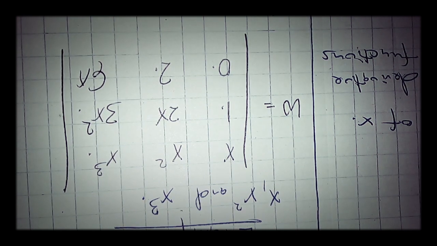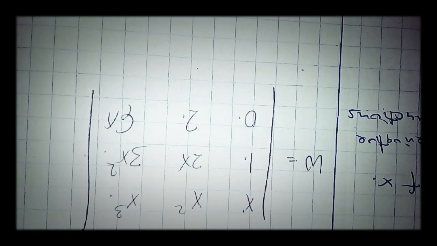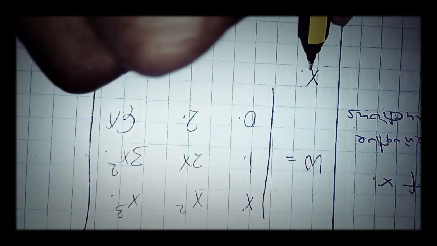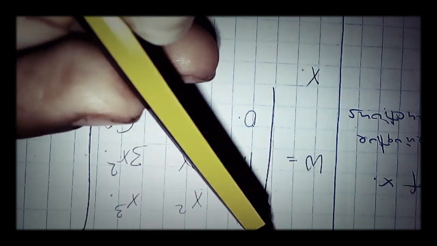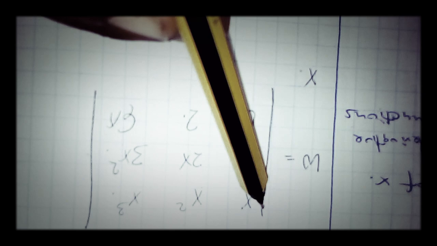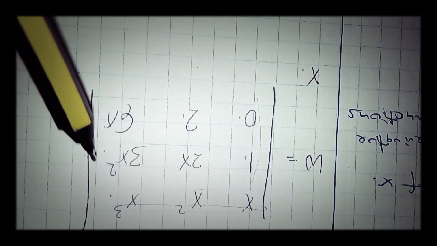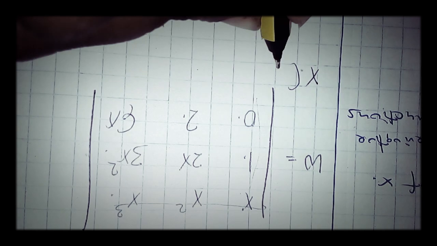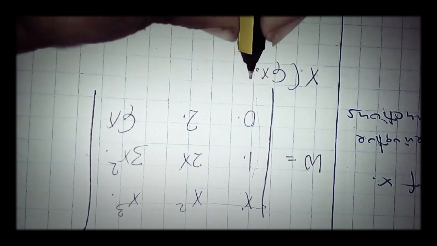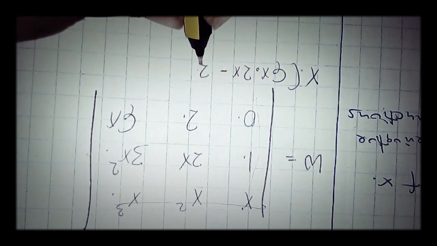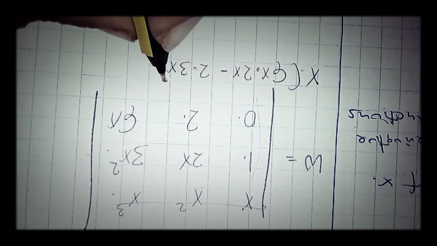This is another 3 by 3 matrix. Just like the previous example, we will start from x. We cross this and this, so we are left with this 2 by 2 matrix, which will be 6x times 2x minus 2 times 3x squared.